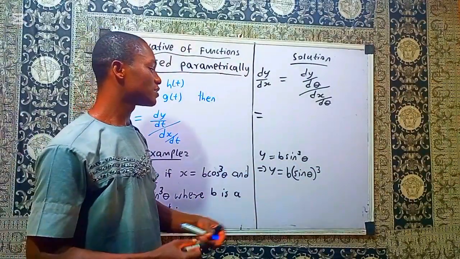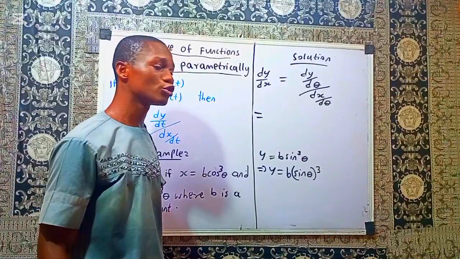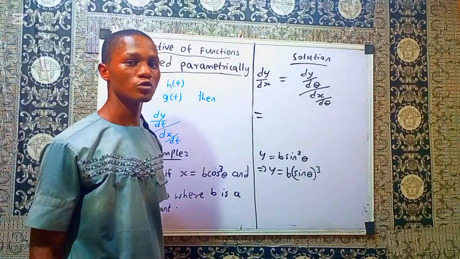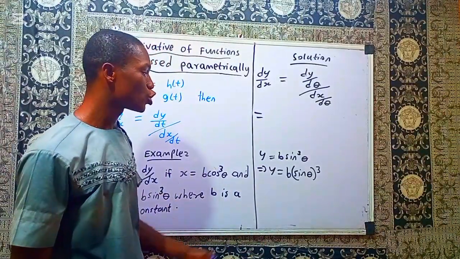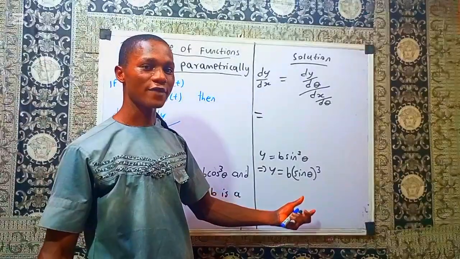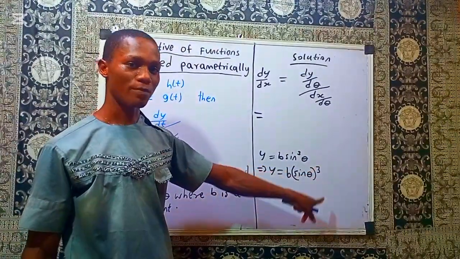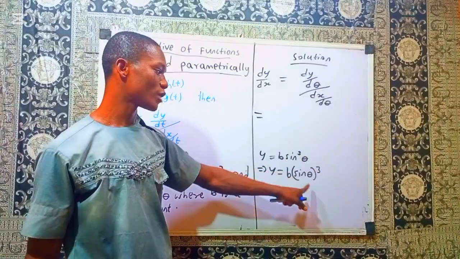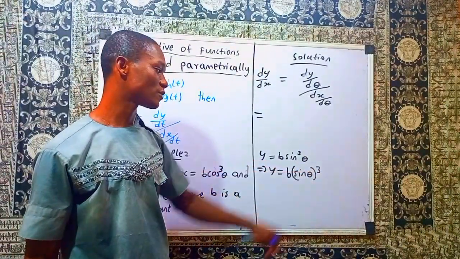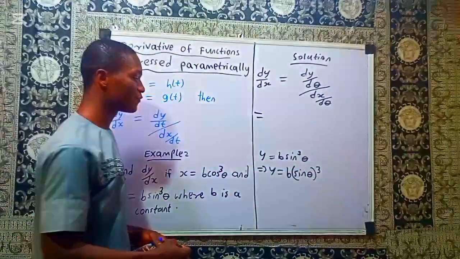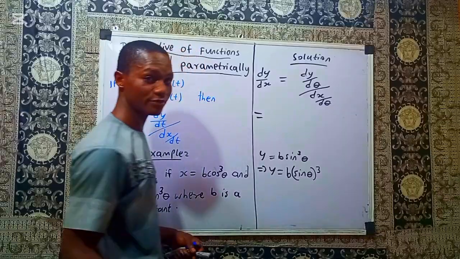And why I wrote it like this is that we are going to use chain rule to find the derivative of this. So according to chain rule, if you have a function inside a bracket raised to a particular power, you have to differentiate the content of the bracket.